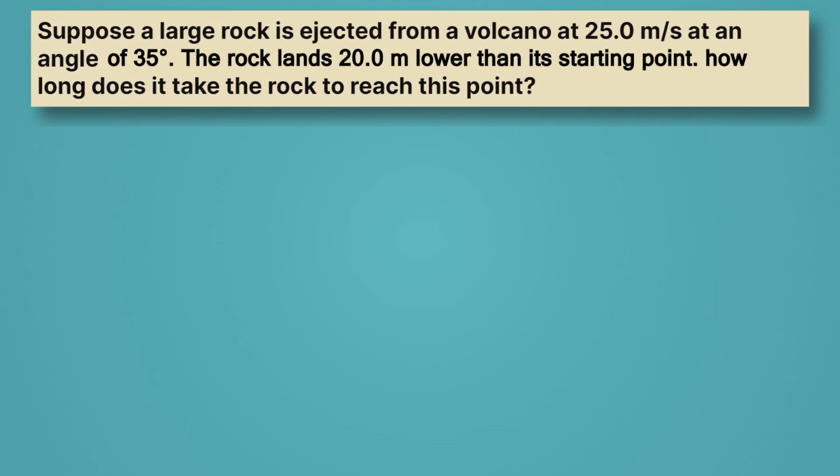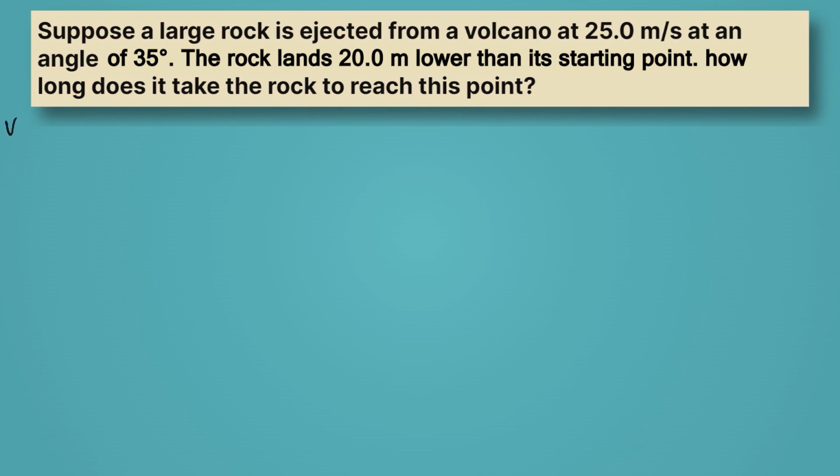Now that we've seen a good picture of what this problem looks like, we've basically drawn it. So we'll go to our step 2 for projectile motion problems, which is to split up our velocity into its components. Since we want to know about how low down this rock reaches, that's a question about the y direction. And so we're going to go ahead and solve for our velocity in the y direction.